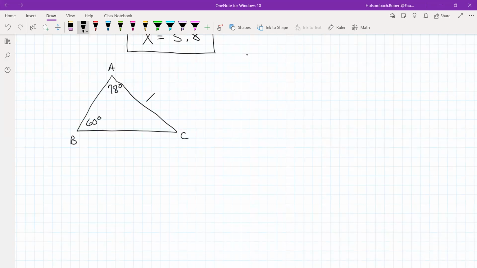Side AC is X and side BC is 8. So if I do sine 60, what does it go over? X. And it's equal to sine 78 over the 8.